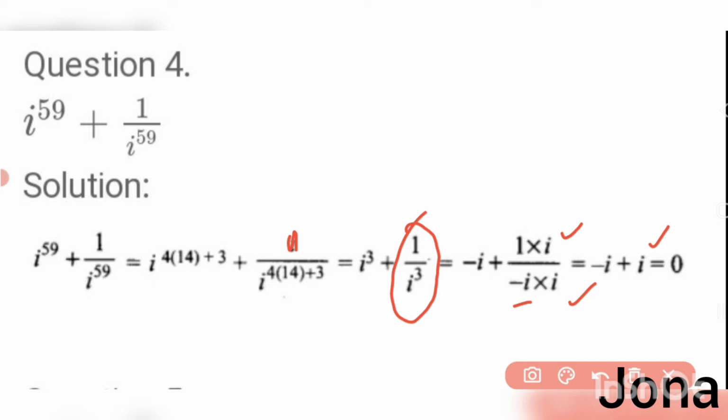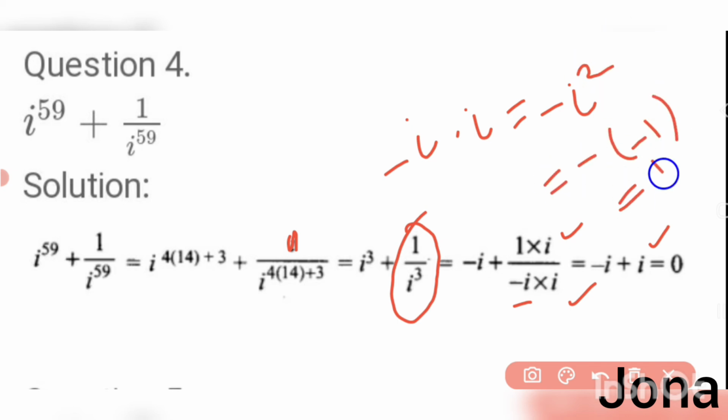The value of i square is minus 1. Here minus i into i, I can write this as minus i square. Here minus of i square, value is minus 1, so it will become plus 1. So the value of minus i into i is 1 here.